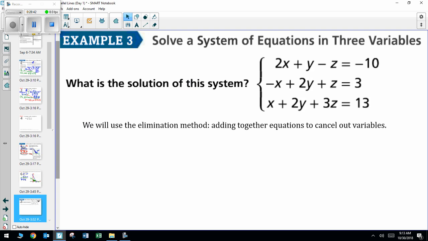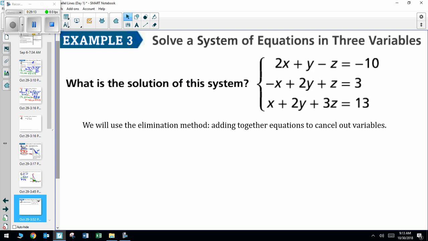So, if I'm looking at these, I see, if I'm looking at this first and second equation, I see that if I just added them as they are, a -z plus a z is going to get rid of that, right? It's going to cancel it out. And then a -x plus an x would cancel each other out.